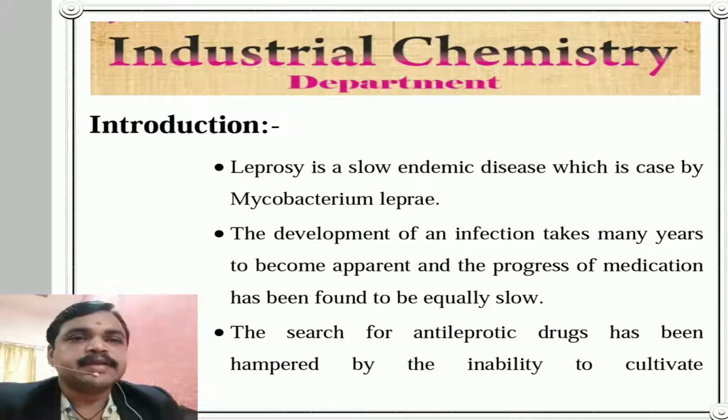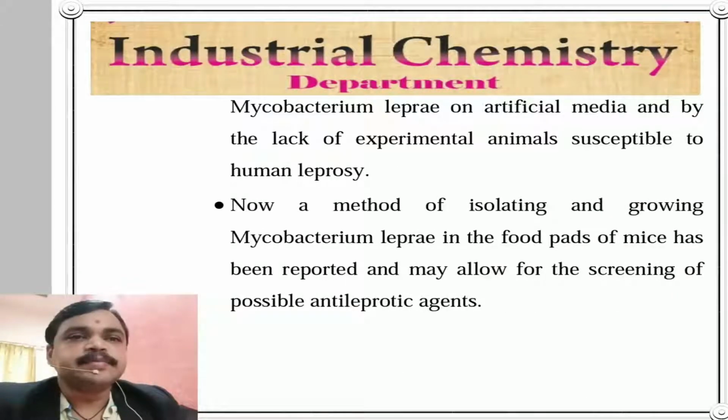The development of an infection takes many years to become apparent, and the progress of medication has been found to be equally slow. The search for anti-leprotic drugs has been hampered by the inability to cultivate Mycobacterium leprae on artificial media and by the lack of experimental animals susceptible to human leprosy.